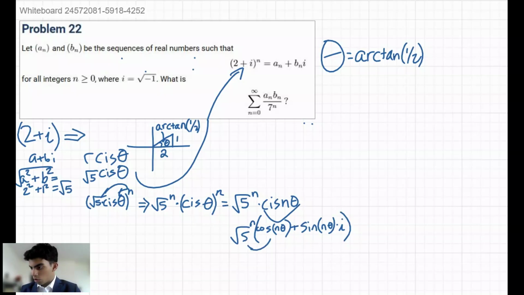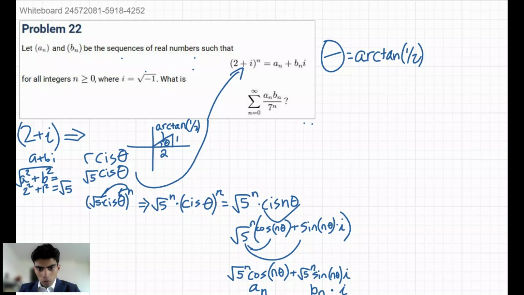That would give me square root of 5 to the n cosine of n theta, and then here it would give me square root of 5 to the n sine of n theta i. So we can quickly realize that this would be a sub n, this term would be b sub n, and this would be our i.